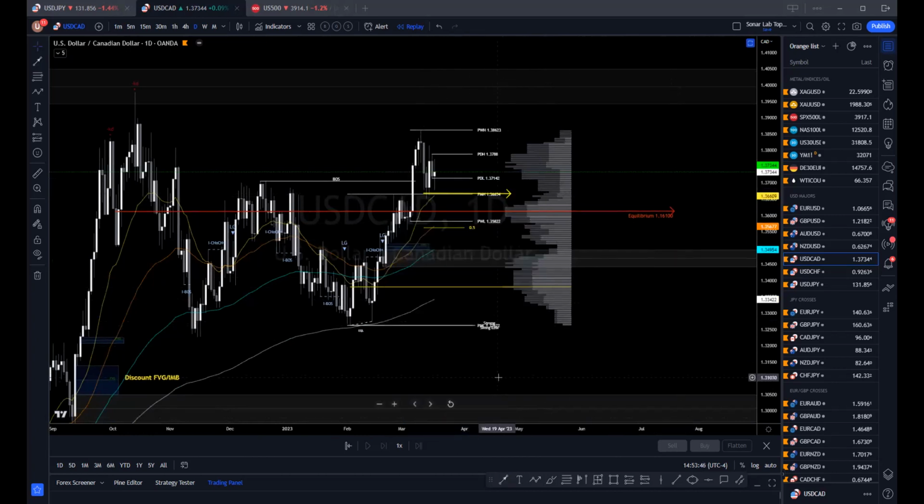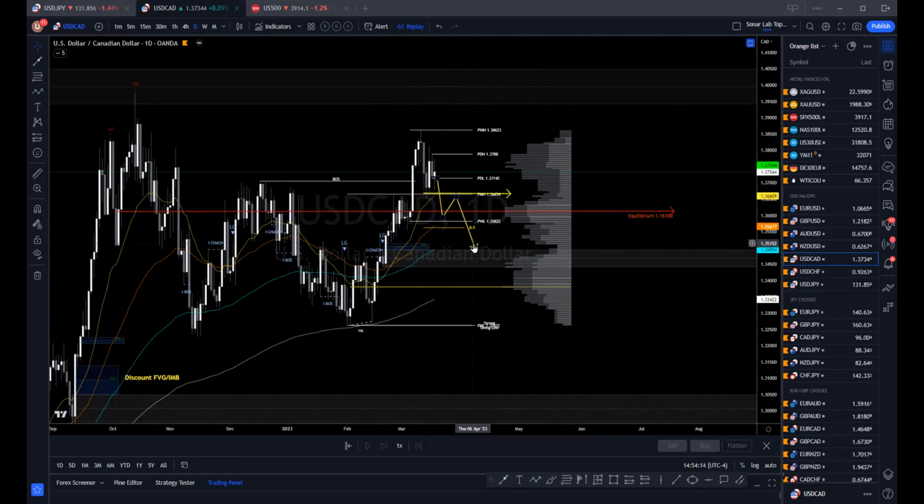Right now, dollar CAD is in an uptrend. For us to see a downtrend, it would need to break 1.366 even. We would need to see dollar CAD pull back and break that and stay below. So in other words, we would need to see this.